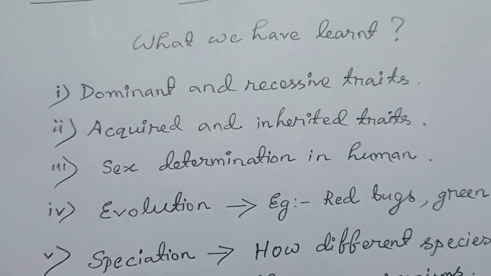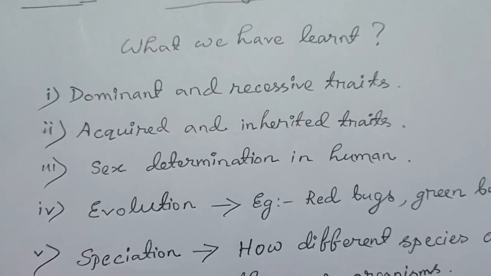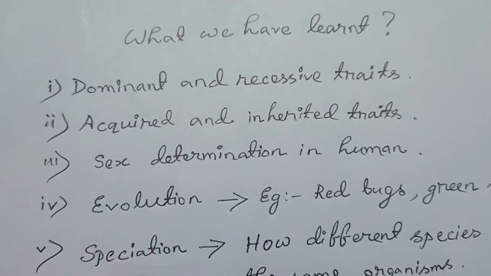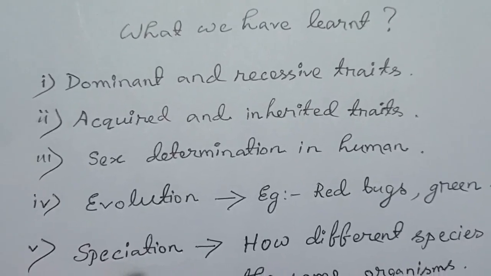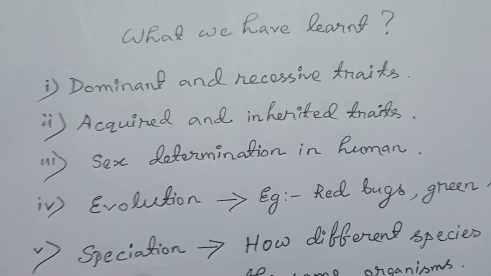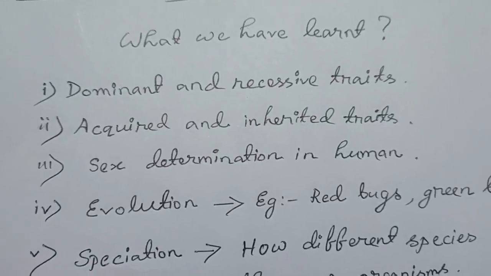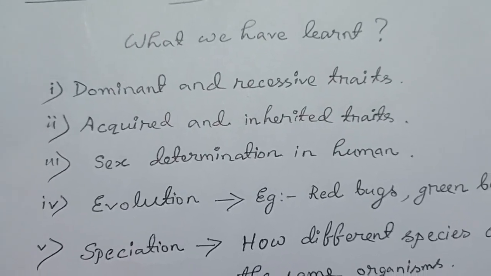Then inherited traits are those traits that you gain from your parents, your grandparents, your forefathers. For example, attached ear lobes or non-attached ear lobes is an inherited trait. We have discussed it already, so I am just doing the revision of it.